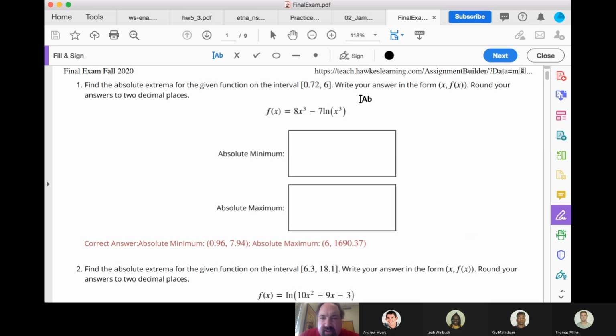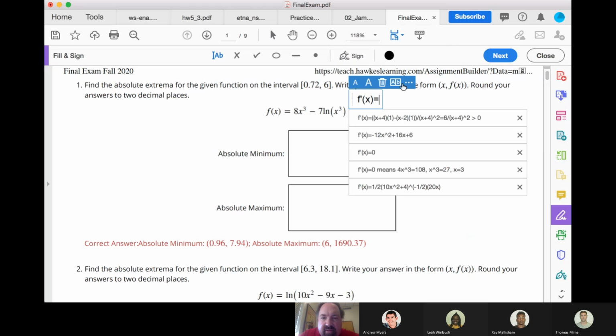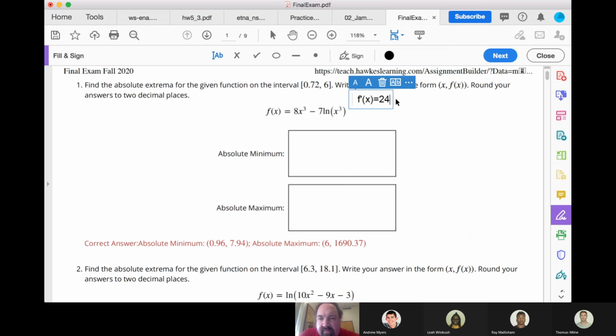So if I go ahead and take the derivative, from the power rule it'd be 24x squared minus 7 times the derivative of natural log of x cubed. But the log of x cubed can be written as 3 natural log of x.